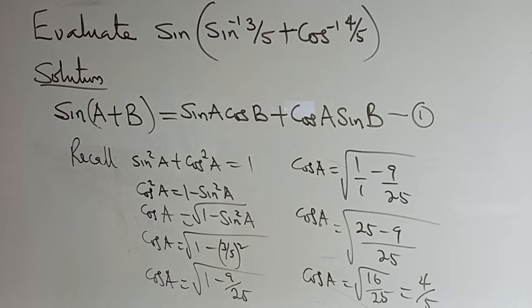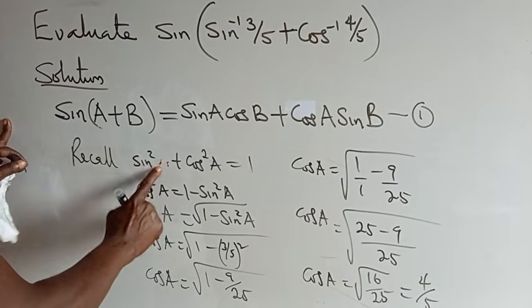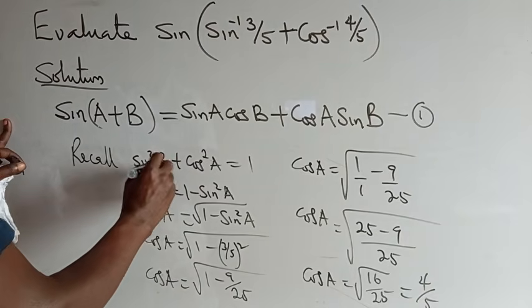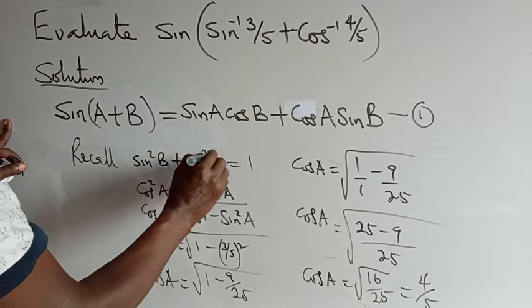Now, what is sine B? You can use the same procedure. Sine square B plus cos square B is equal to 1.